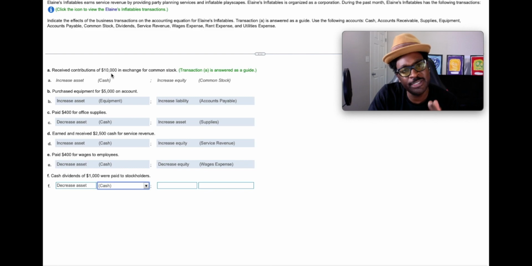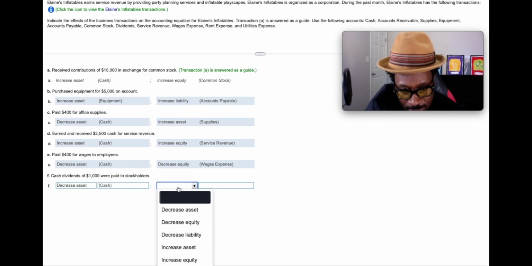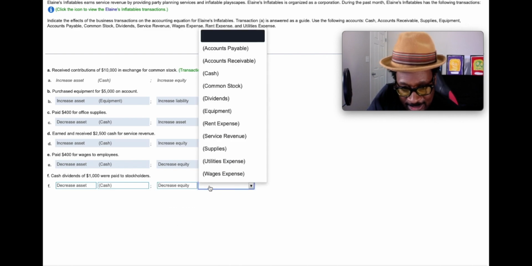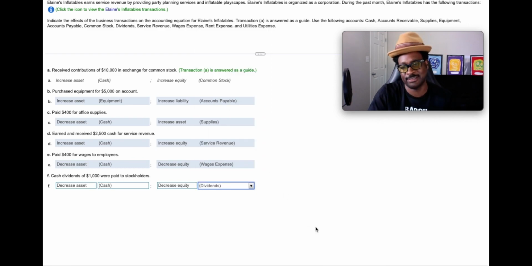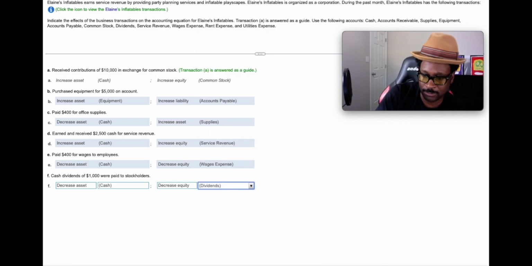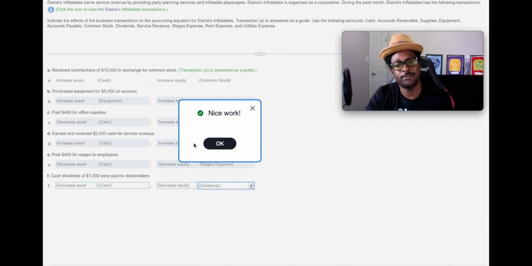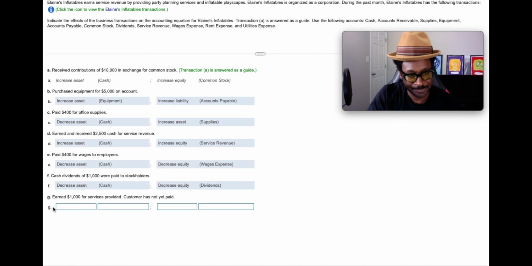So if the company gives income to the shareholders, it ultimately reduces our retained earnings balance. And we already know retained earnings happens to be a part of stockholders' equity. So our stockholders' equity is decreasing, and the account that is affecting it is the dividends account. We are cooking with grease, gang. Nice work. Let's keep it moving.